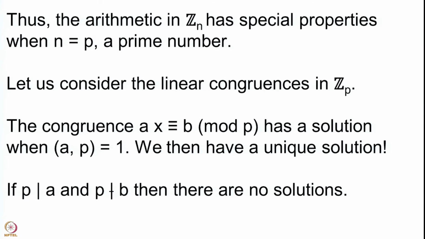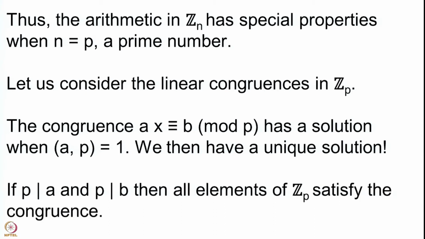If you have that p divides A and p divides b, then everything is a solution, because this is like asking for 0x equal to 0 mod p, and whenever you put anything for x, you are going to get the answer to be 0. So, barring the cases where p divides A, the interesting cases are where p does not divide A, or when you are looking at the elements in Z_p, you are looking at the case where A is not equal to 0.